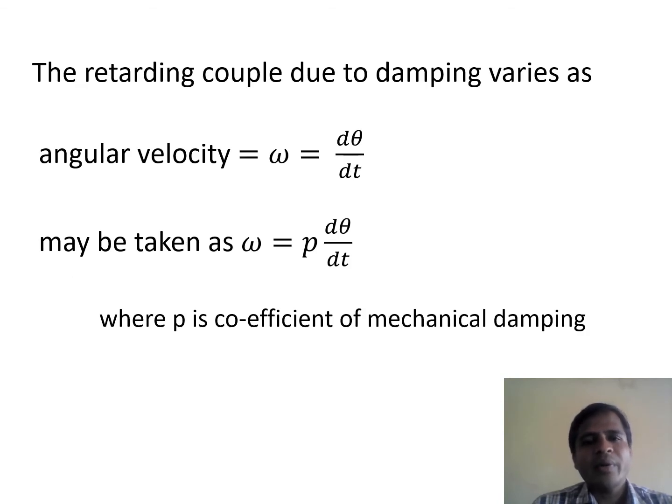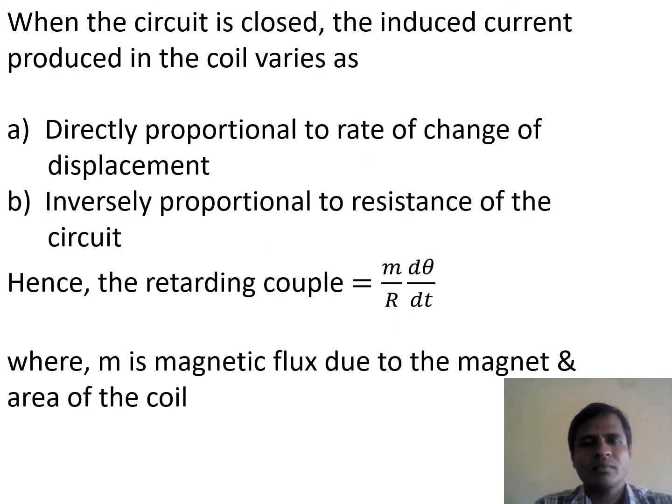Then the retarding couple due to damping varies as angular velocity omega, which is equal to d theta upon dt, and may be taken as p into d theta upon dt, where p is the coefficient of mechanical damping. When the circuit is closed, the induced current produced in the coil is directly proportional to the rate of change of displacement and inversely proportional to the resistance of the circuit.